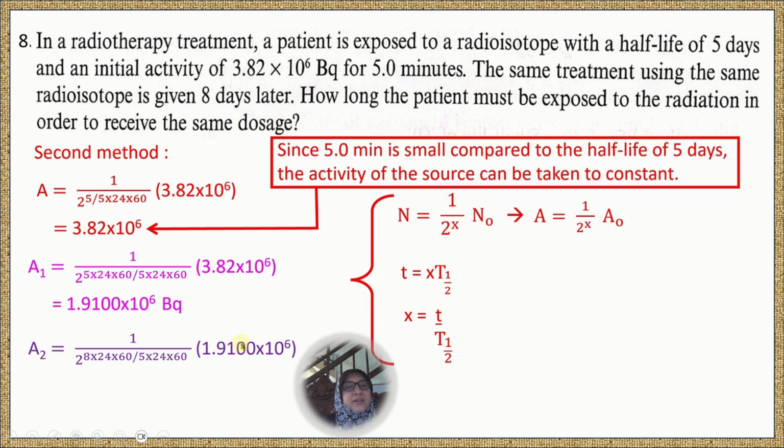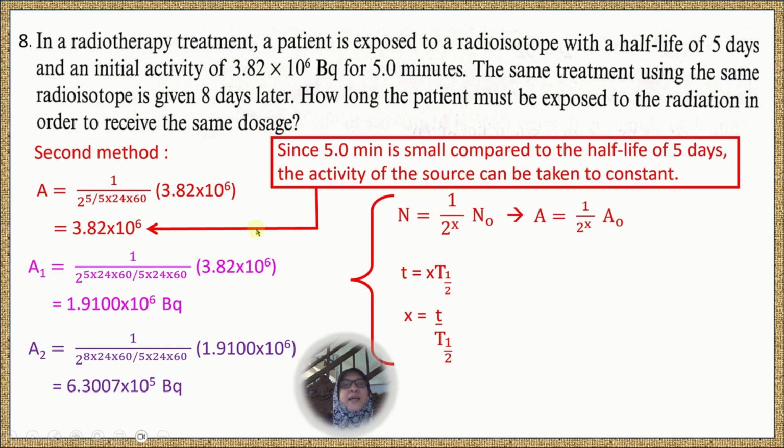Okay, and then the initial activity will be 1.9100 times 10 to the 6 because the question said continue using the same radioisotope. So we use the same radioisotope. That's why we use N naught here 1.9100 times 10 to the power of 6. So the answer, the activity becomes 6.3007 times 10 to the power of 5 becquerel.